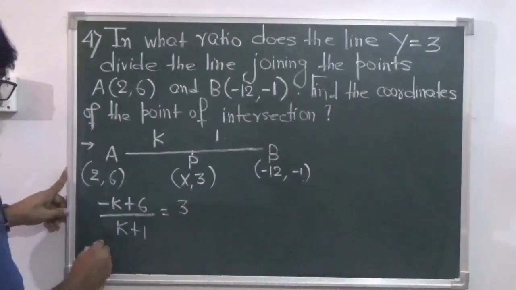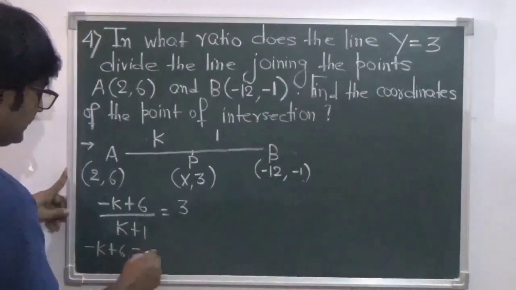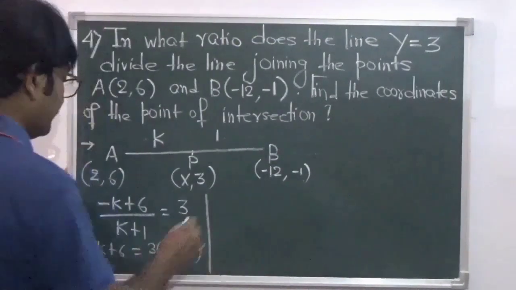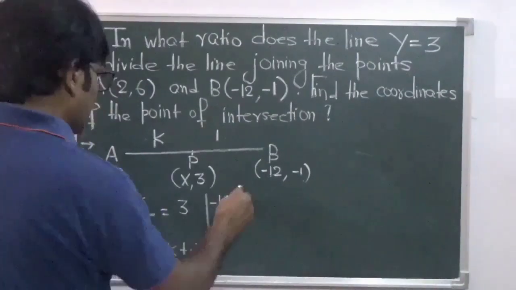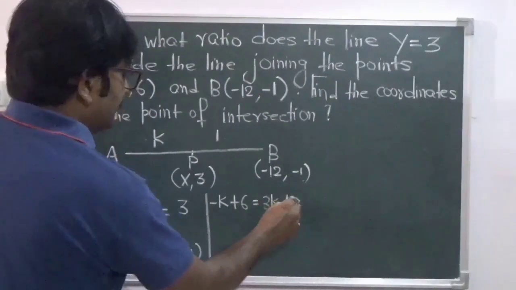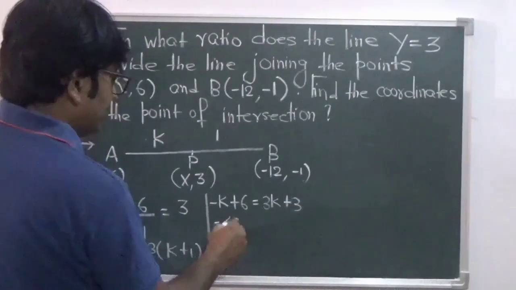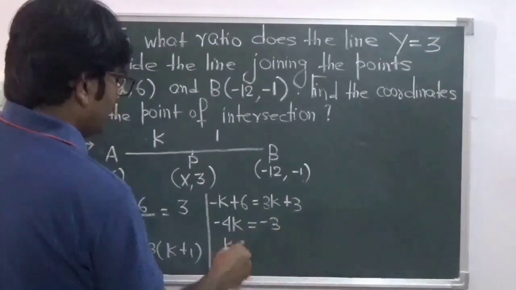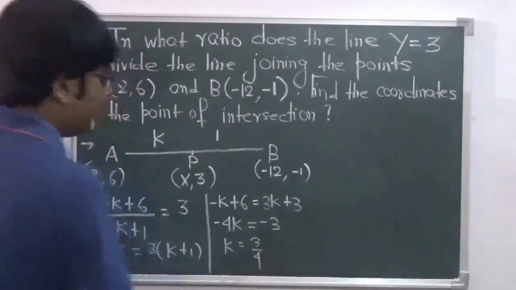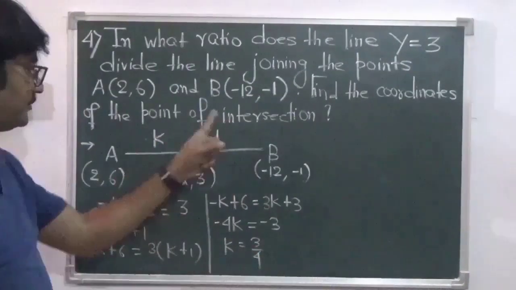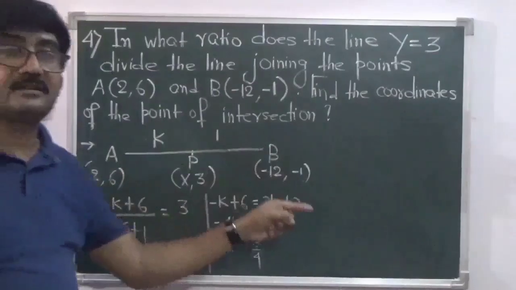If we cross multiply, minus k plus 6 equals 3 into k plus 1, so we have minus k plus 6 equals 3k plus 3. That is minus 4k equals minus 3, or k equals 3 by 4. So k by 1 is 3 by 4, and the ratio is 3 is to 4.